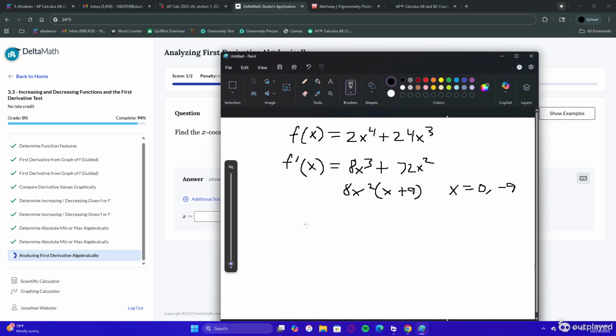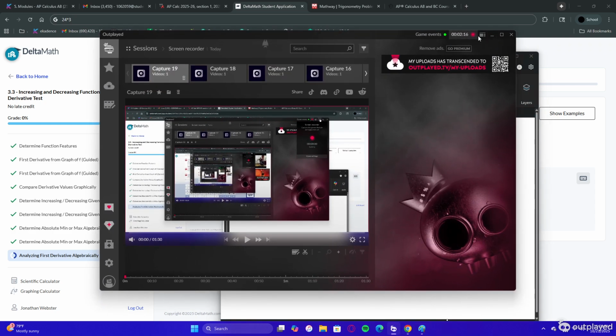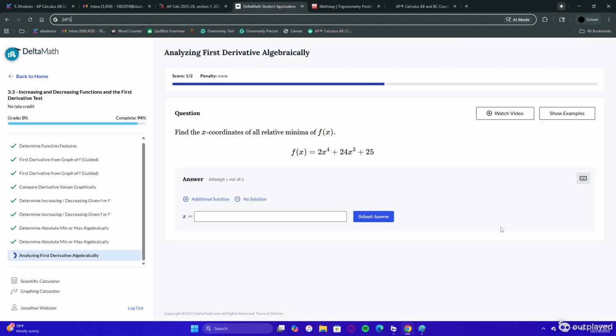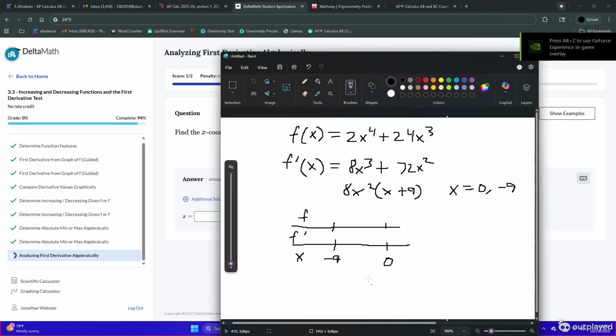So we can do the same thing as earlier, where we graph f prime and x. Negative 9 and 0. Okay, and if you plug in a value here, you'd get negative.